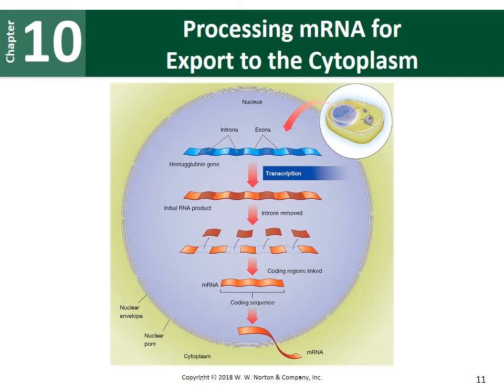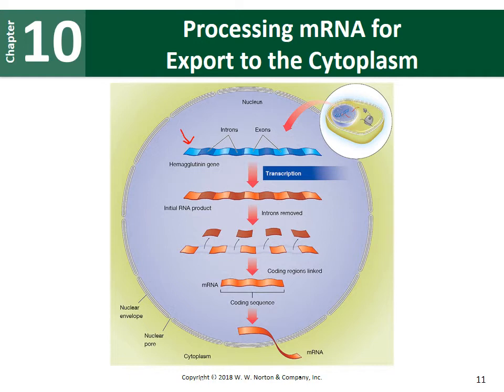Here we have our DNA molecule up at the top in the blue. This DNA molecule will go through transcription. We use it to create an RNA molecule. Some of these regions, in this case the dark red or dark orange regions, are the introns. They are going to be spliced out or removed.